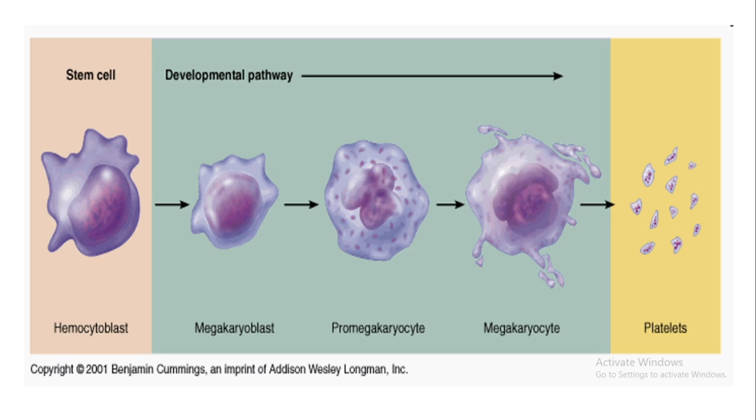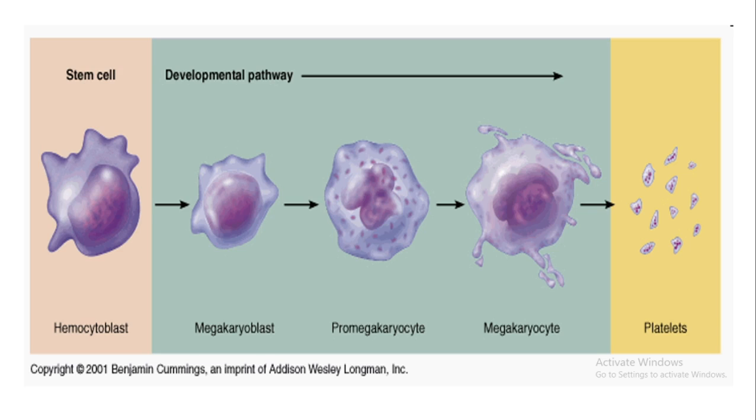This is the process of development of platelets, how the platelet is formed. Platelets are generally formed from megakaryocytes, but the megakaryocyte in turn is produced from the promegakaryocyte, which is an advanced form of megakaryoblast. So platelet formation is initiated from the hemocytoblast, which is a stem cell.